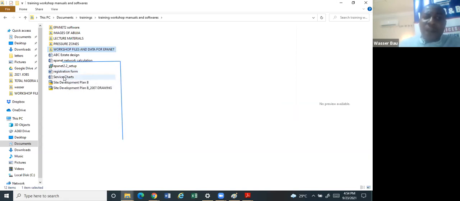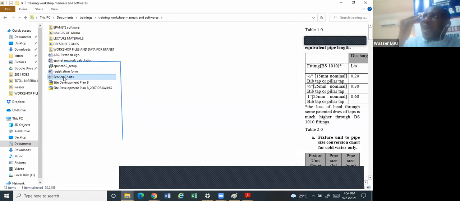Then we have a service chart where you can see the losses based on the bend. I remember what my colleague said. He said, as a rule of thumb, you give 1 bar. We are in a municipal setting, remember? In other words, in a district design, you allow 1 bar to take care of losses, based on standards.